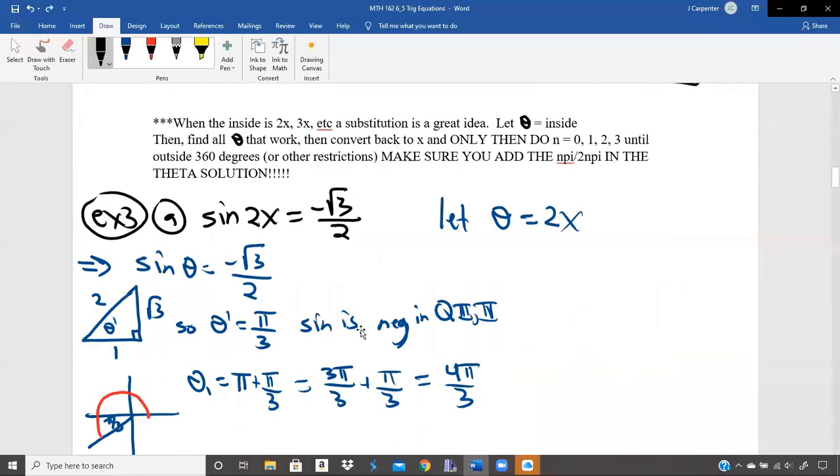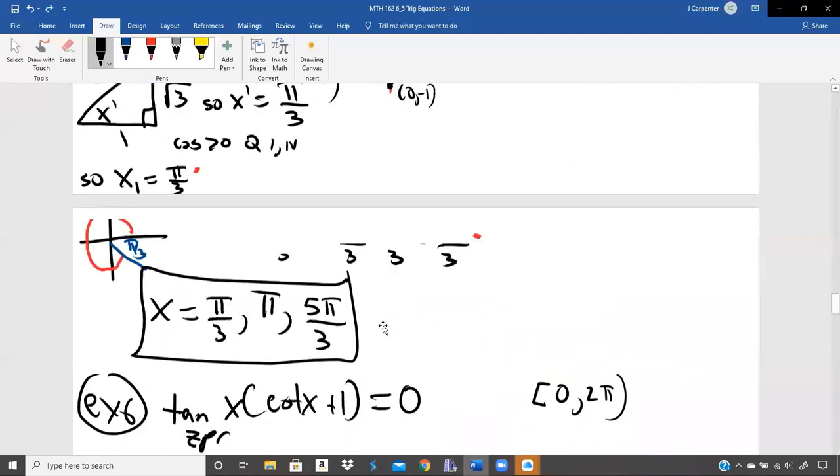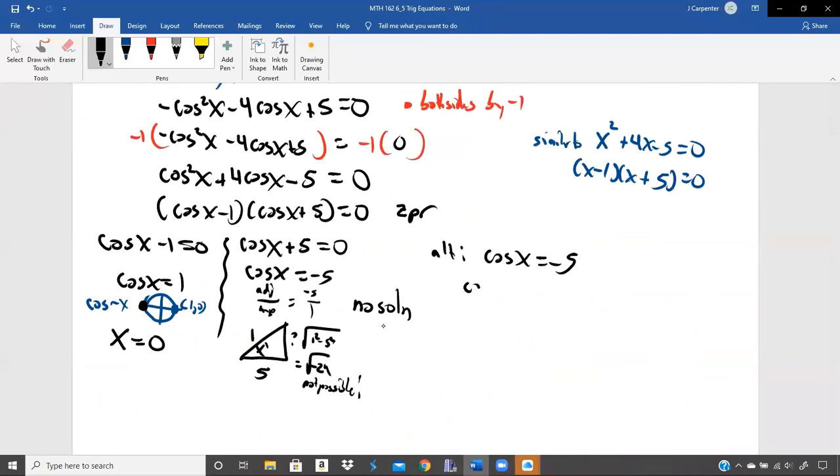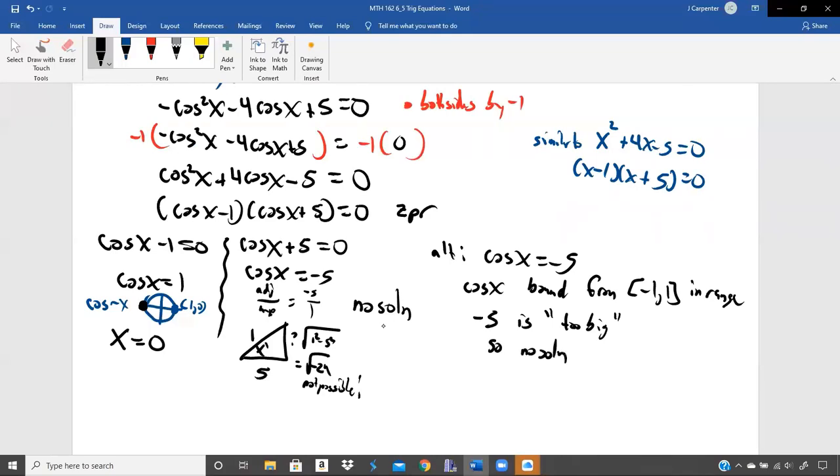It is extraneous. There is no solution to that segment. So that's what I mean by alternatively: cosine of x is bound from -1 to 1 in the range. -5 is, quote, too big, and by too big, I mean in absolute value. The biggest that thing could have been was +1 or -1, and we've gone past that. So no solution, again, just to that segment.